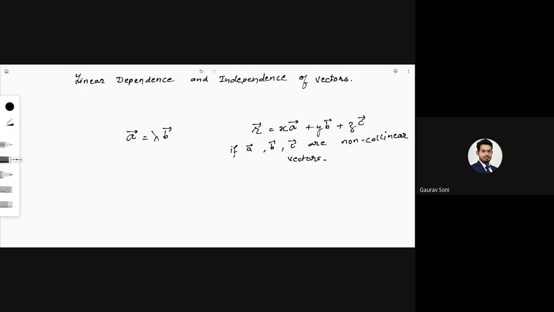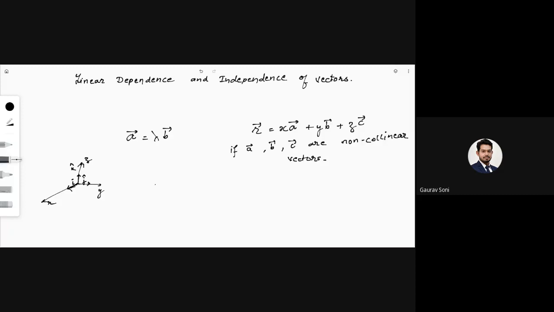So any vector in our R3 space, you have x-axis, y-axis, z-axis. In three-dimensional space, any vector can be written using a unit vector in the direction of the x-axis, which you denote as i, a unit vector in the direction of the y-axis, that is j, and a unit vector in the direction of the z-axis, that is k.